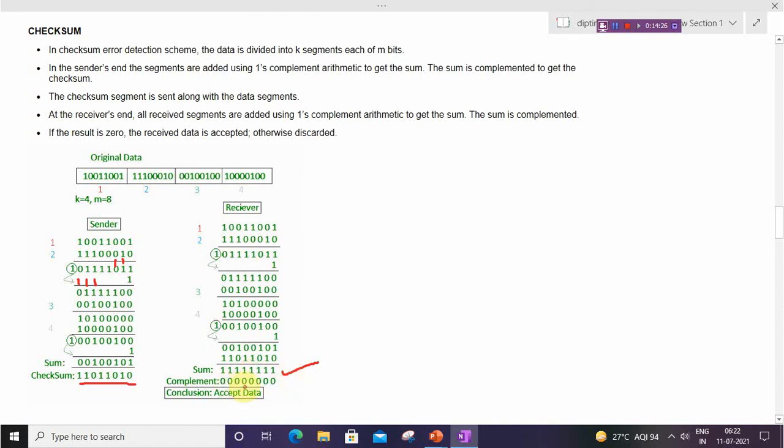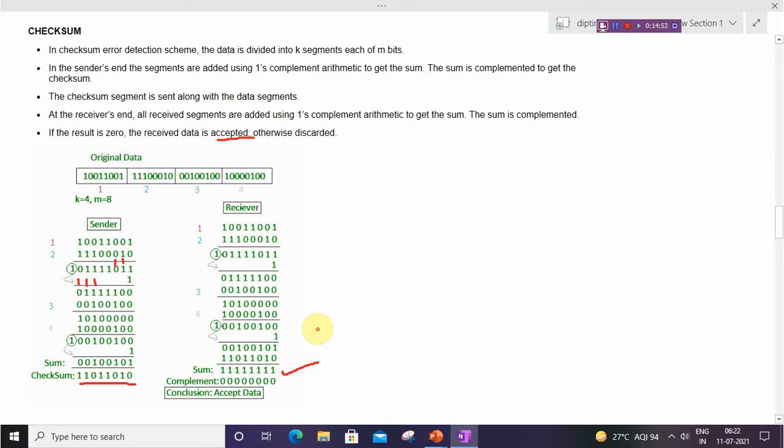Then complemented, it becomes all 0s. If the result is 0, then the received data is accepted. Okay. When the result is 0, the receiver will accept the data. Otherwise, it will discard.